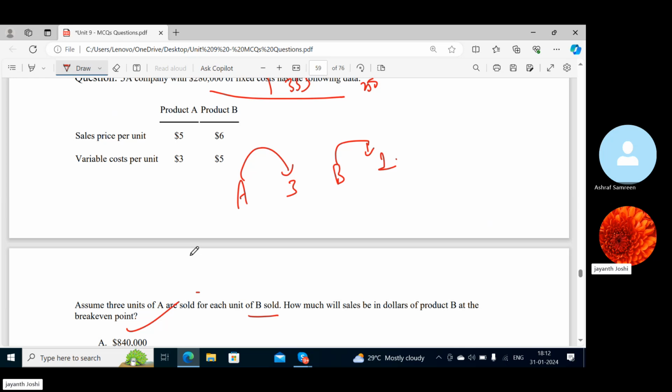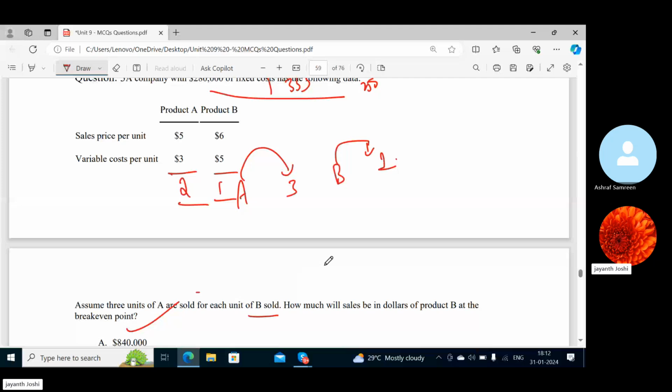Okay, so A has fixed cost of 280 and these are the data given. So here the contribution is 2, 1. Assume 3 units of A are sold for each unit of B sold. So now we will try to find out the contribution margin, right?